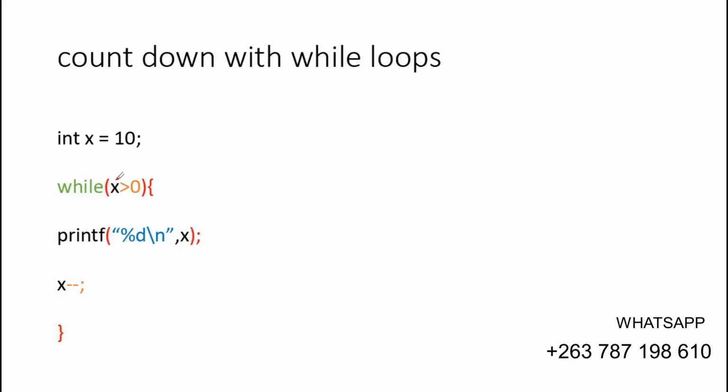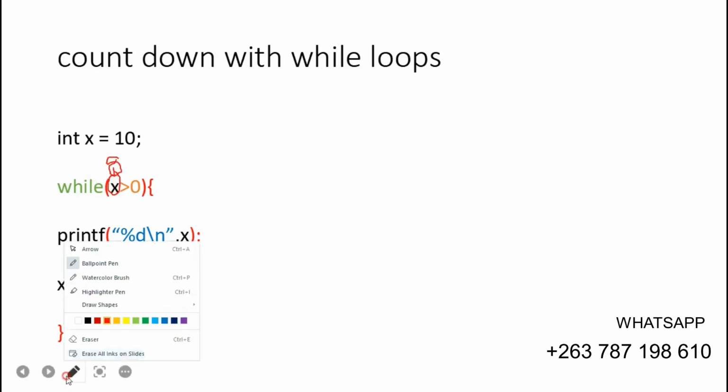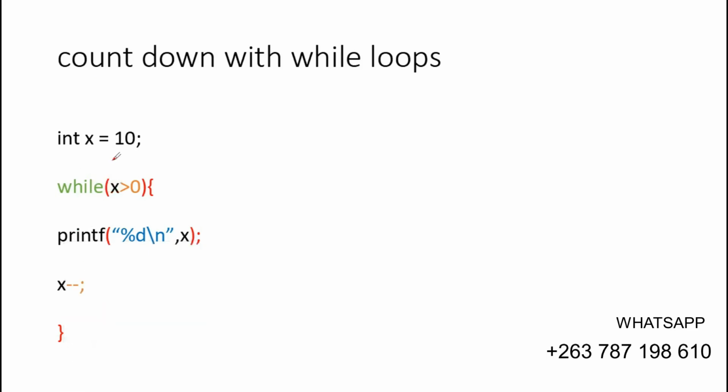Now x greater than 0, right? The current value of x is 8 from the last loop. So 8 greater than 0 is true, so it returns 1. As it returns 1, this loop will open and it will print the current value, 8.